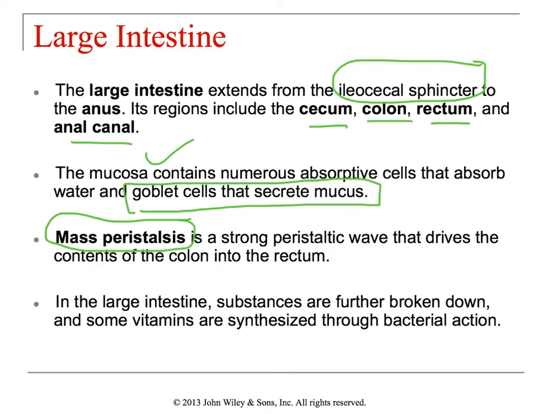That's a strong movement that drives a bowel movement. In the large intestine, some substances are broken down, but not a lot. Some vitamins are made because of the bacteria that live in your large intestine. We also absorb water.